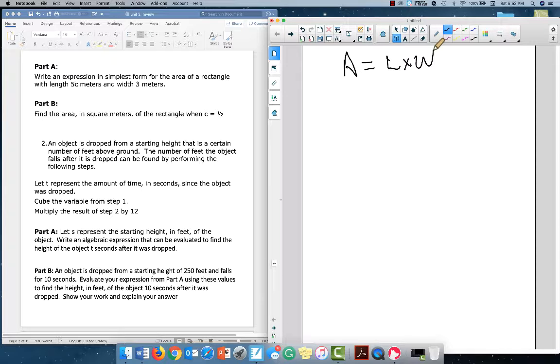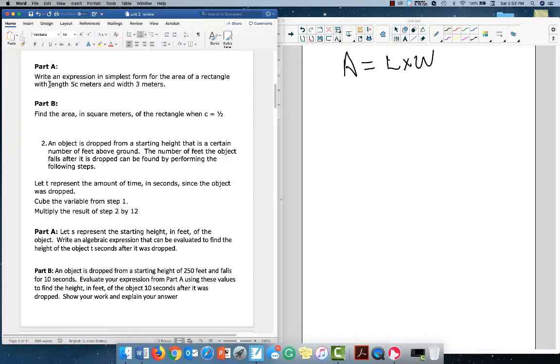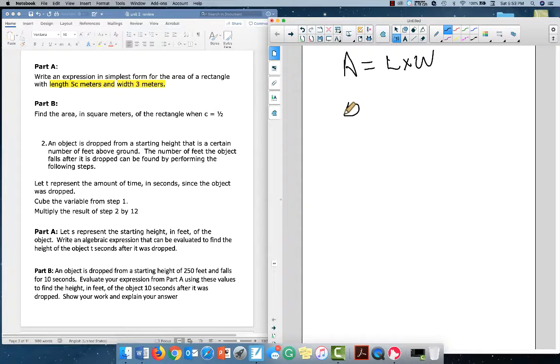So in this case, we have a rectangle with the length of 5 meters and 3 meters width. Okay, so we have an area, which in this case is going to be 5c times 3.